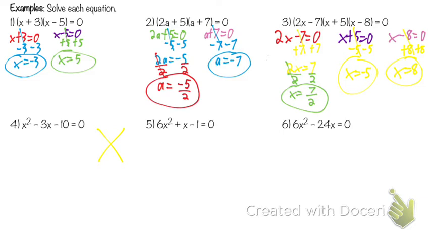Because there's a 1 in front of the x squared. What goes to the top of this x? Negative 10, because it's a times c. 1 times negative 10. And what is at the bottom? Negative 3, because that's the b. Remember, the b goes on the bottom.